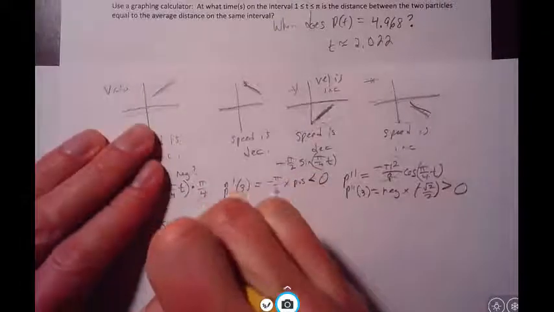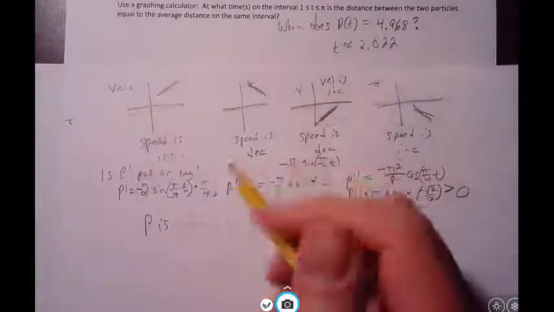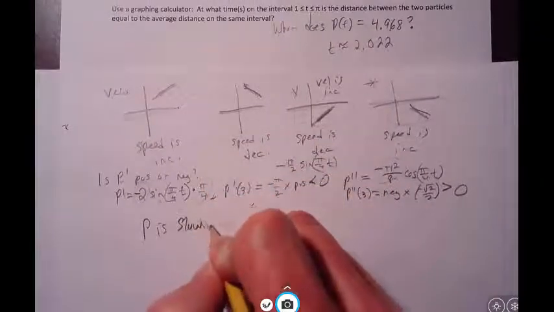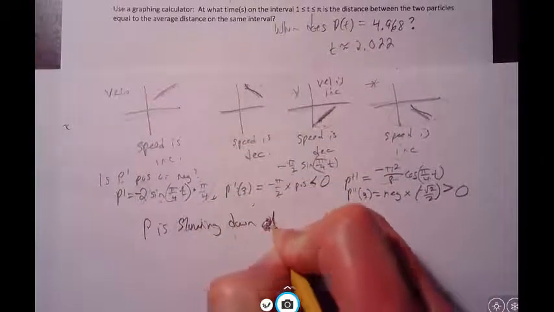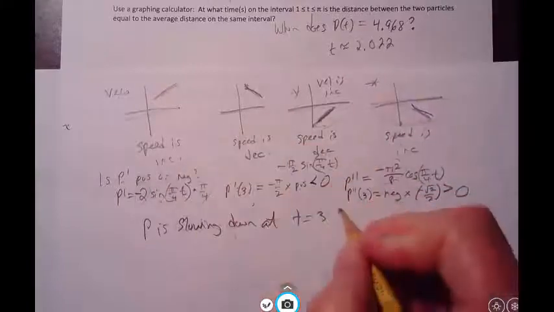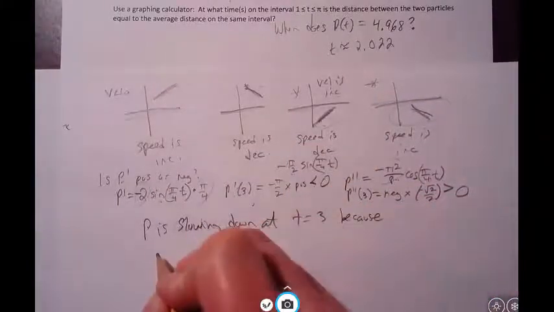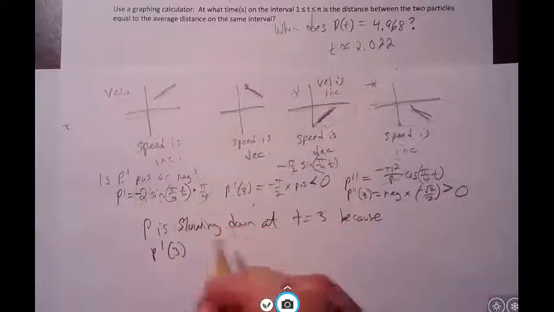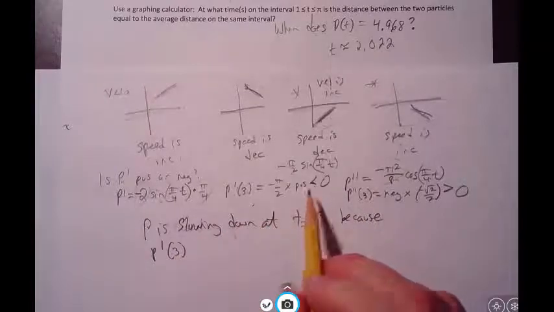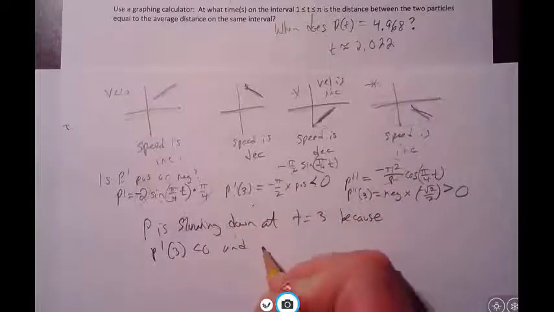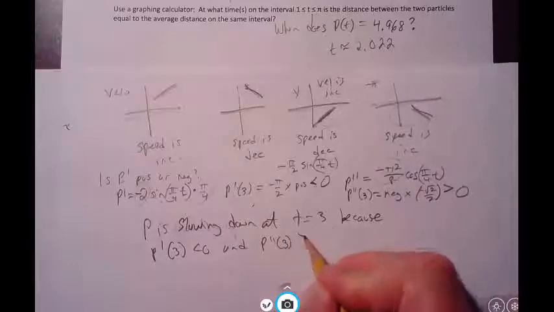Nope. My goodness. P is slowing down at t equals 3 because P prime of 3 is negative and P double prime of 3 is positive.